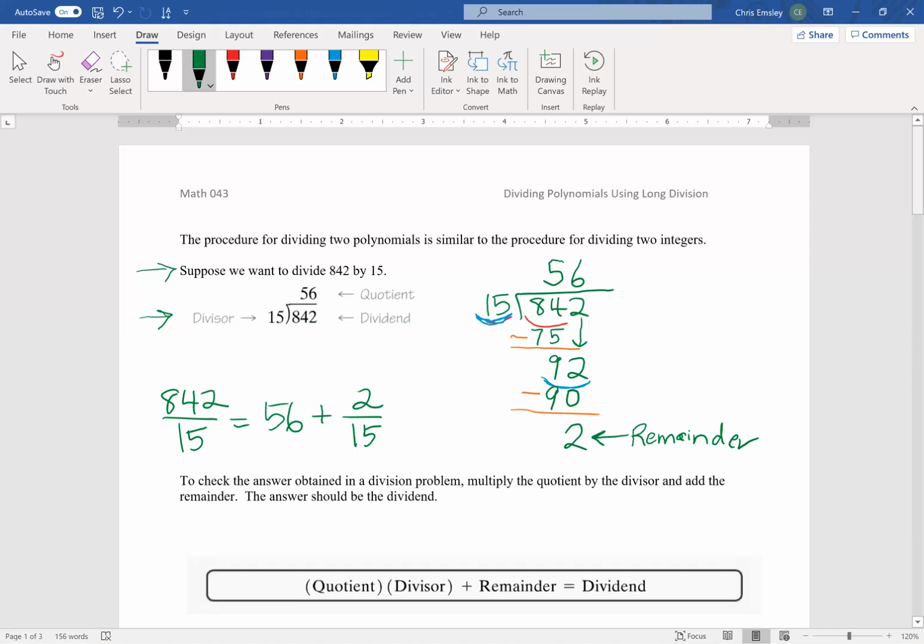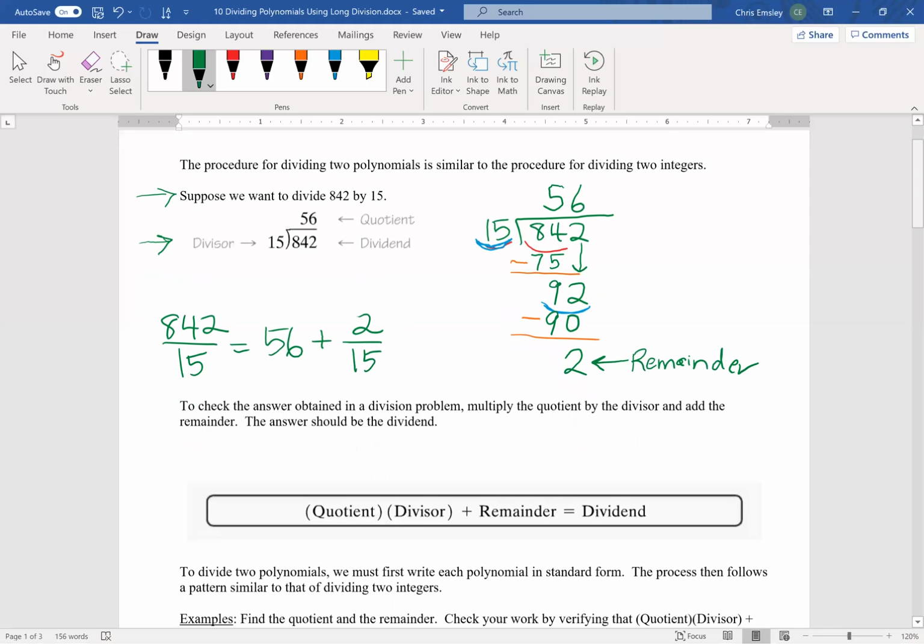You can always multiply the quotient by the divisor and add the remainder. Okay, so quotient, that's the answer we got. So in this case, that was 56 times the divisor, that's the number out front, times 15, plus your remainder. Just the remainder as a whole number, not as a fraction like we wrote it here.